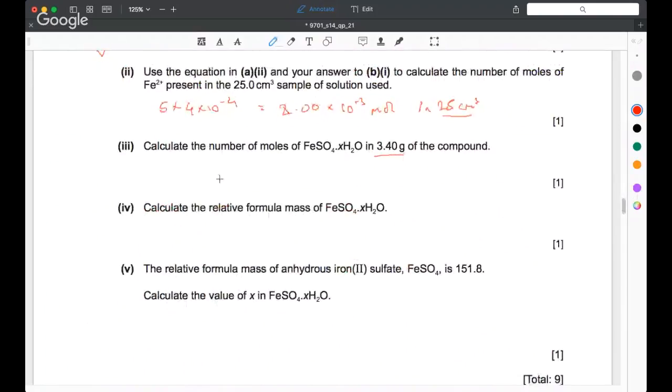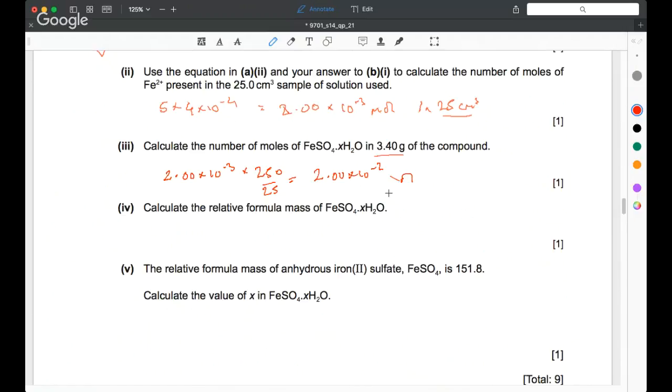So to work out the amount in the original solution of 250 centimeters cubed, you're going to have to take the amount that you had in 25 centimeters cubed and work out how much was in 250 centimeters cubed. Well, the original volume was 10 times the volume that we used in the titration. So the number of moles of this compound in 3.40 grams was 2.00 times 10 to the minus 2 moles.